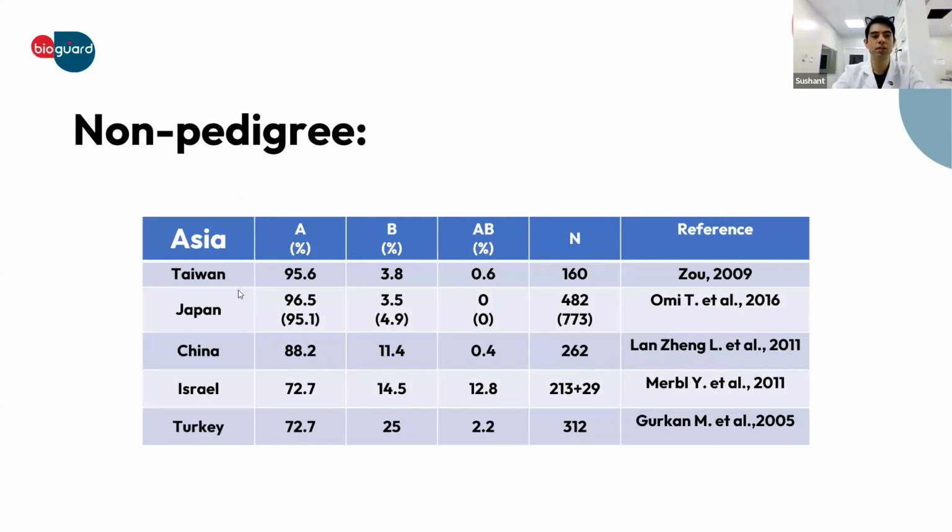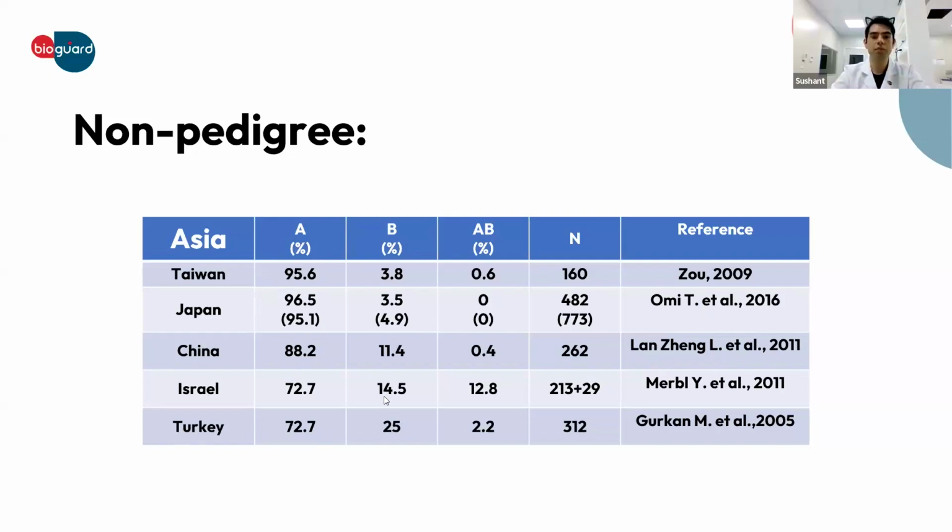In the Asian region, of course, the A percentage is the highest, including Taiwan, where we are. We have 90% of the cats here with blood group A. In Japan, China, Israel and Turkey, for example, the A percentage is still the highest.